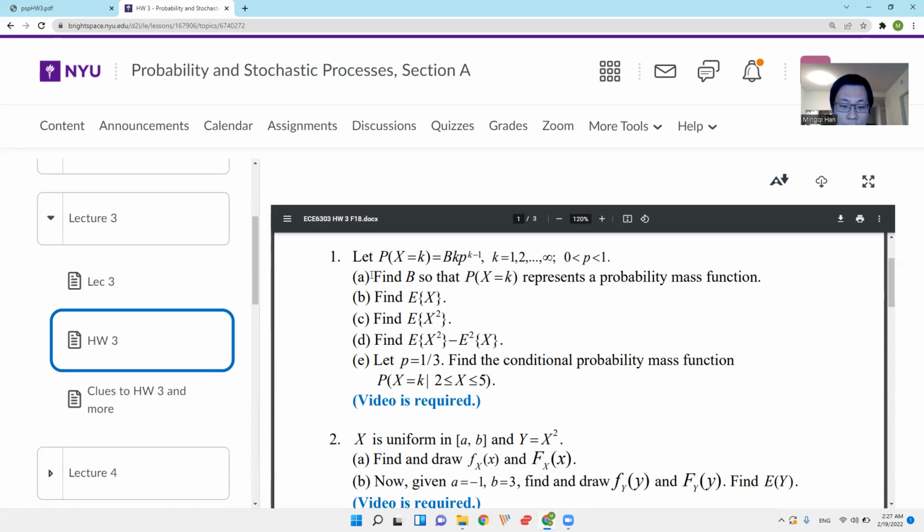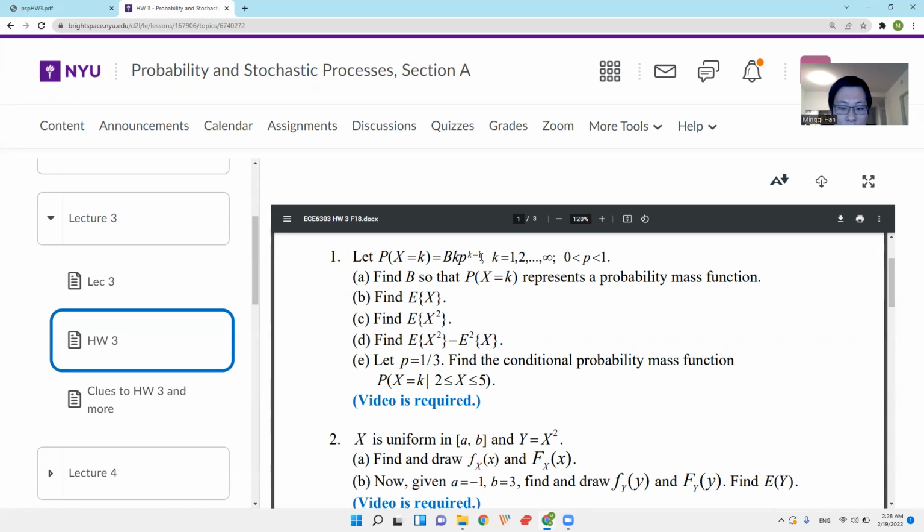The first part asks us to figure out what b is to make this function a probability mass function. For this to be a probability mass function, the summation over all the k values plugged in here must equal 1.